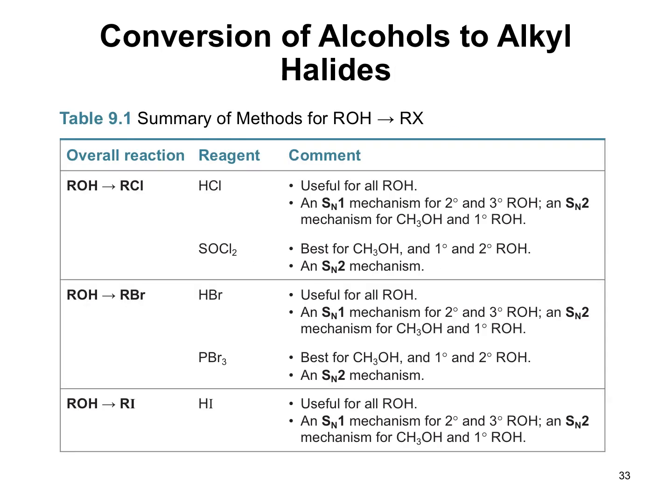Now, I love a good summary, and I love how this is summarized here. If you want to convert an alcohol to an alkyl halide with a chloride group, the reagent that is good is HCl, and the mechanism it proceeds by is an SN1 mechanism for secondary and tertiary, and an SN2 mechanism for methyl and primary. And that's really useful for all alcohol types.